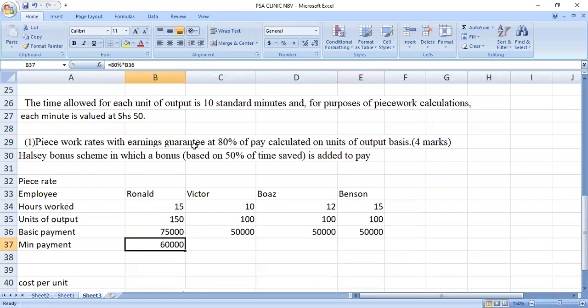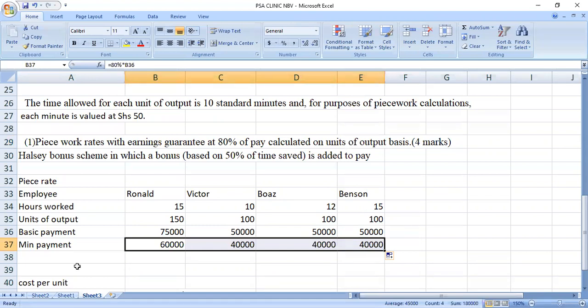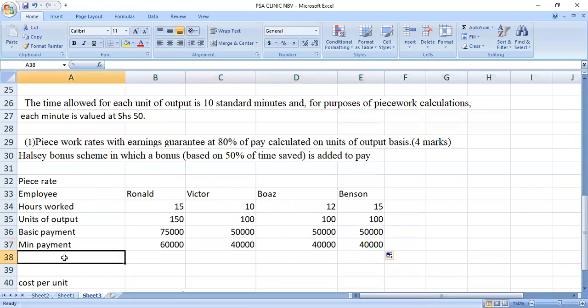I think they used the wrong statement here. I should have tried to put it differently. Otherwise, it's supposed to get 80% of each. And of course, the 80% will always be lower than what you're computing. And since the guarantee scheme says that you take the higher of the basic pay.